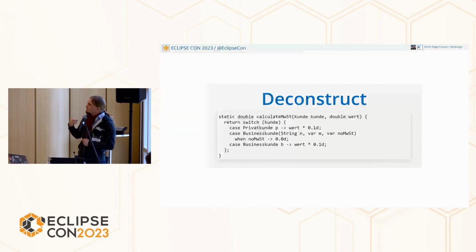Like here, we rip apart the business Kunde into a string n, or whatever m, and a boolean noMehrwertsteuer. Currently that only works on records, and this is the same signature as the record definition. And we tear it apart into the name, the mail address, and the istVorsteuerabzugsberechtigt property, and assign it to the values. We don't work with the business customer directly, we work with the data inside the business customer.